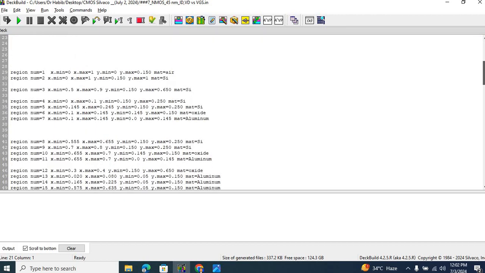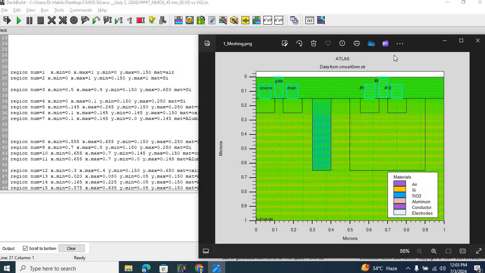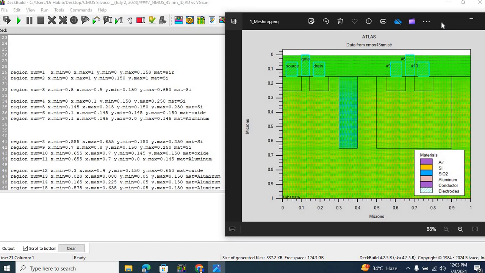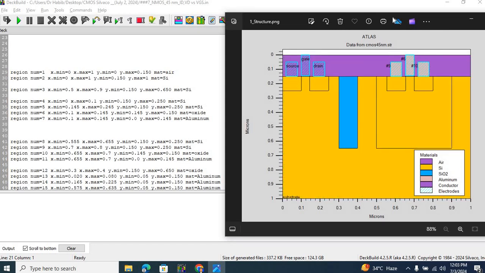Then after the meshing, my region number 1 is air, running from 0 to 1 in the X direction, and so let me keep them side by side so that we can look at the structure and at the same time we can talk about the code as well. So region number 1 is air, running from 0 to 1 in the X direction and from 0 to 0.15 micrometers in the Y direction. So this purple region over here is region number 1, which is air.